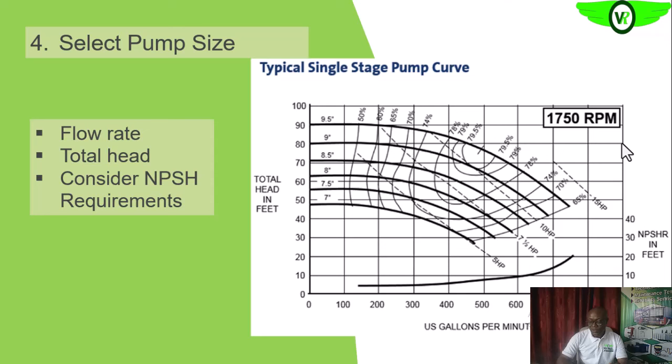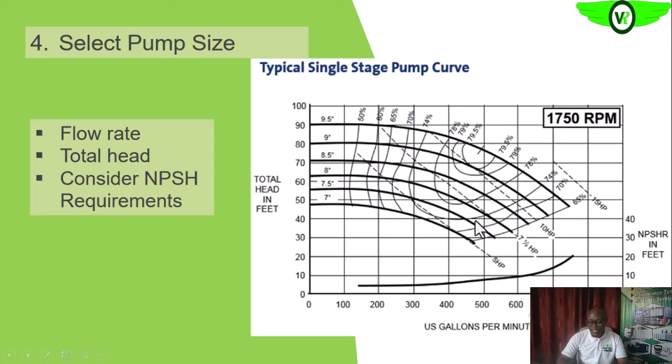Are we getting it? So it's about 80. So if the vapor pressure of our liquid is below that 80, then we are good. But if it is above that 80, of course, we cannot use that pump.